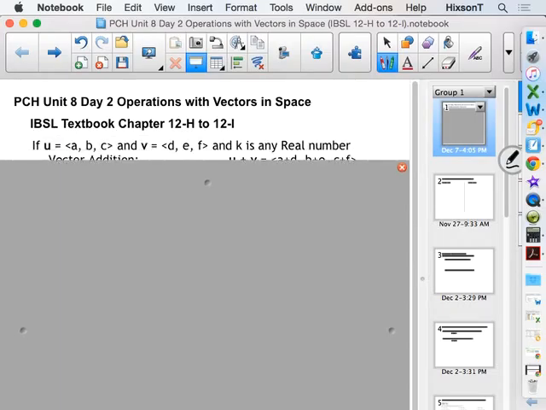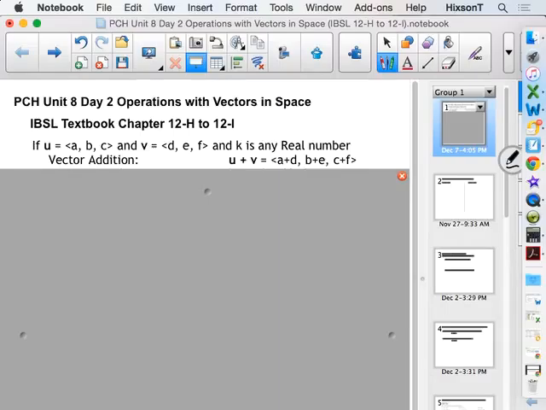Well, when you have three components, like here vector u is a, b, c and vector v is d, e, f, you simply add the x components, the y components, and the z components. So, same concept, we just have that third component that we need to make sure we add.